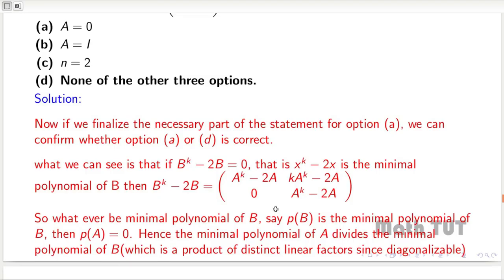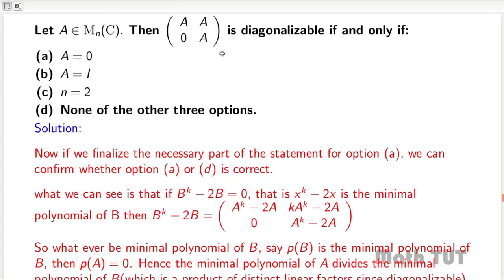So A also has a minimal polynomial which is a product of distinct linear factors, so we can say that A is also diagonalizable. So the implication we get here is that if the B matrix is diagonalizable, then A is also diagonalizable.